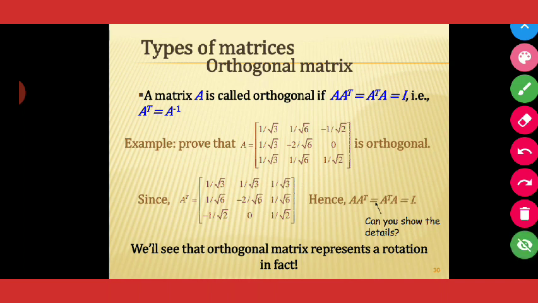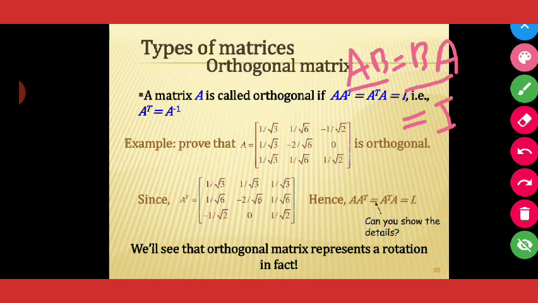Next one is orthogonal matrix, most important. A matrix is called orthogonal matrix if A A transpose equal to A transpose A equal to I. Okay. In this case, as you know, if AB equal to BA equal to I, then A and B are known as the inverse of each other.